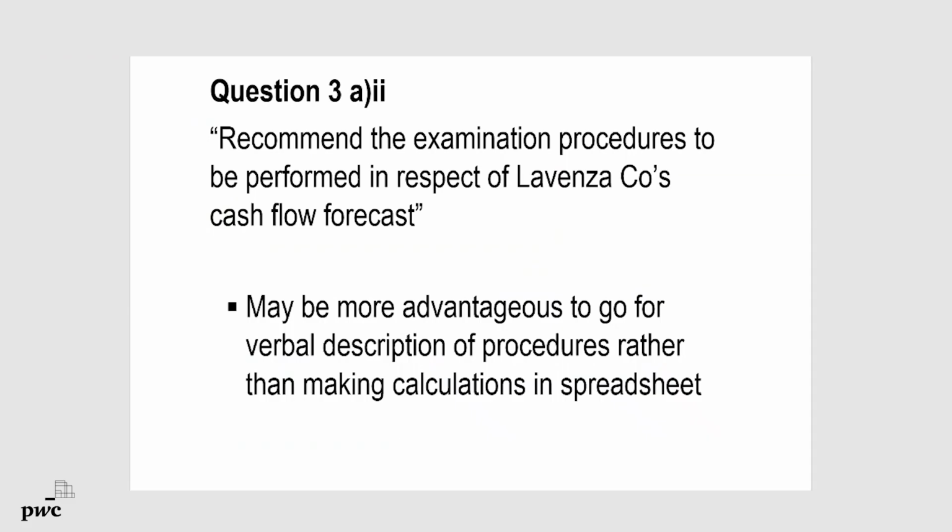However, this time I would carefully consider whether it may be more advantageous under the exam stress rather to go for a verbal description of examination procedures rather than making lengthy calculations in a spreadsheet. There is a danger that I'm going to make errors in calculations and it may be time consuming.